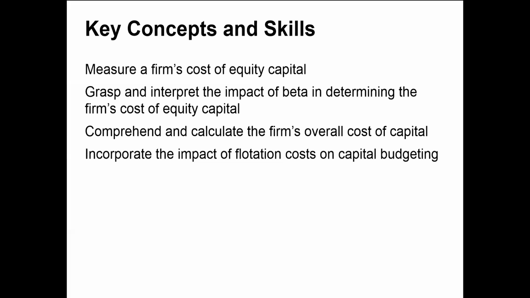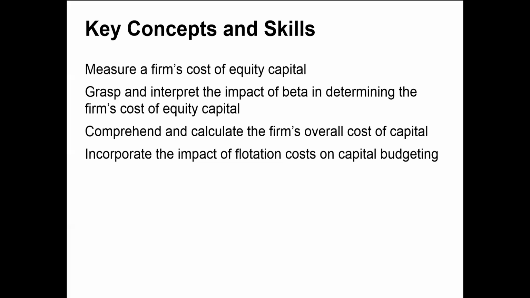What is the firm's overall cost of capital? Because a firm can finance in the market with the issuance of equity or the issuance of debt. So the general routes of the firm's financing are equity as well as debt.